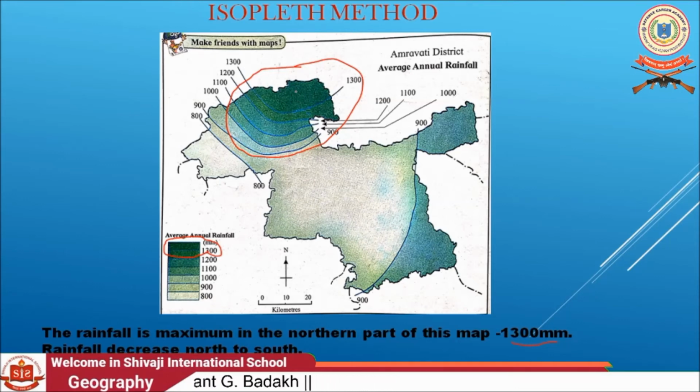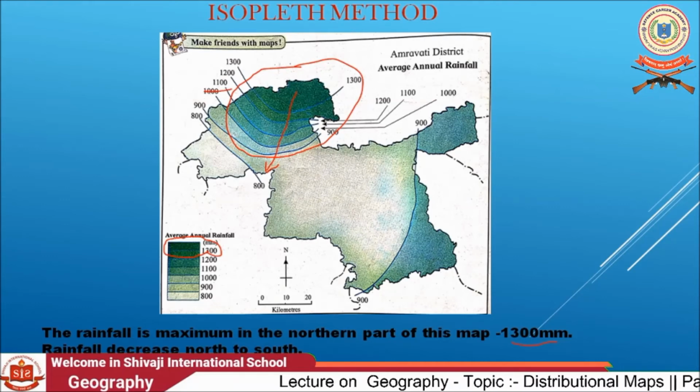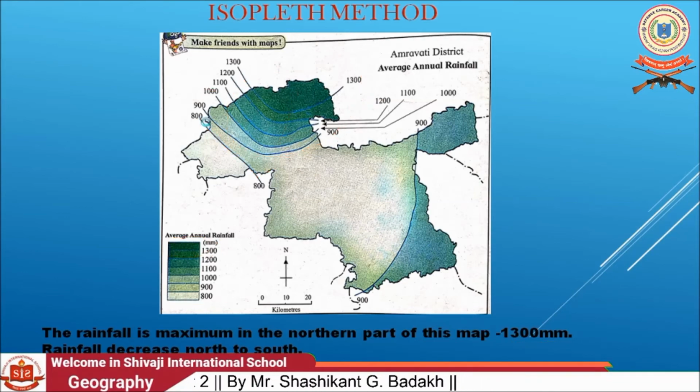As we come down from north to south, the rainfall decreases. Here also you can see 1300, 1200, 1100, 1000, 900, 800. It means rainfall decreases from north to south, and the lowest value of rainfall is 800 millimeters. This line shows the lowest value.